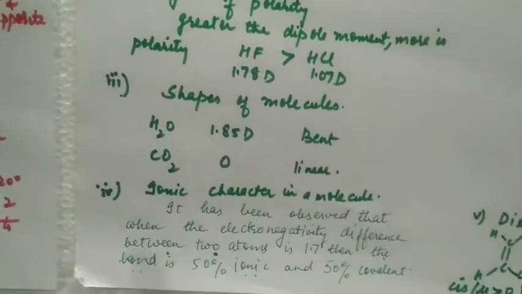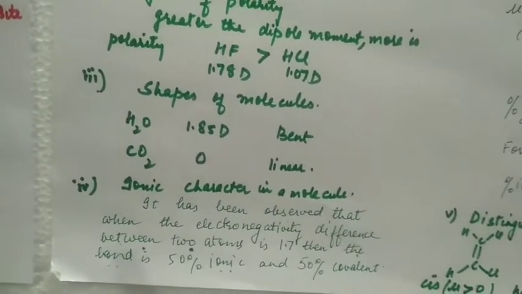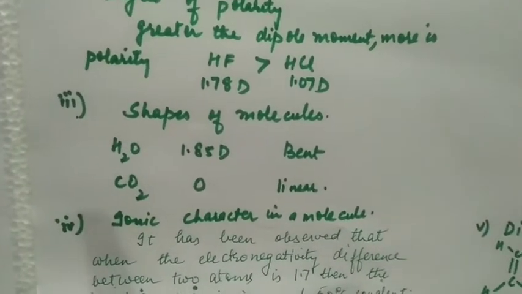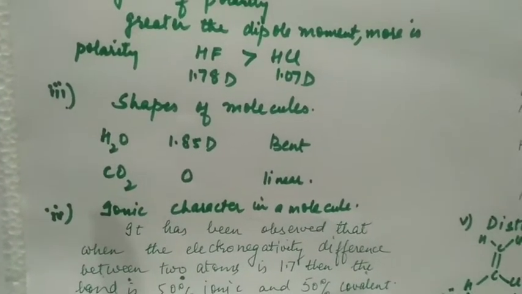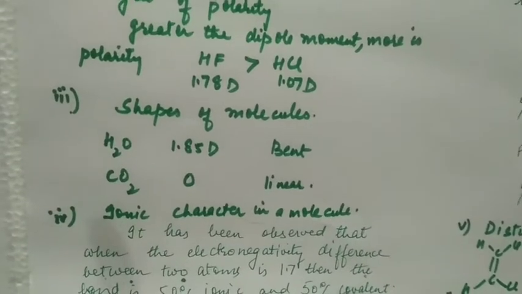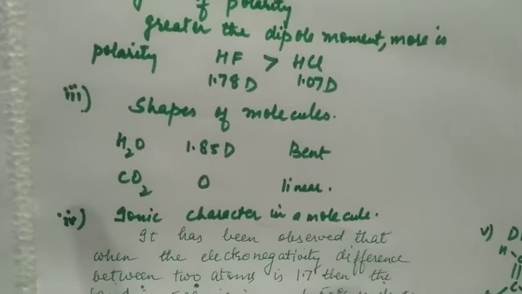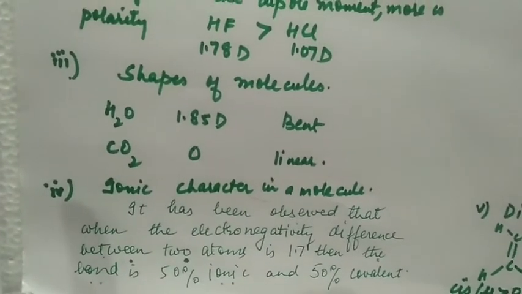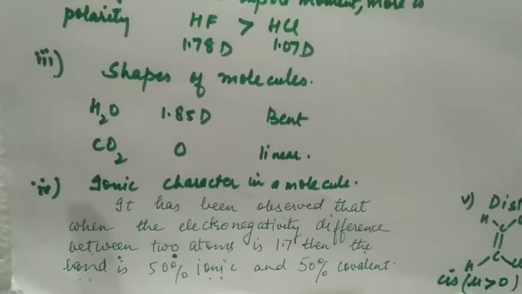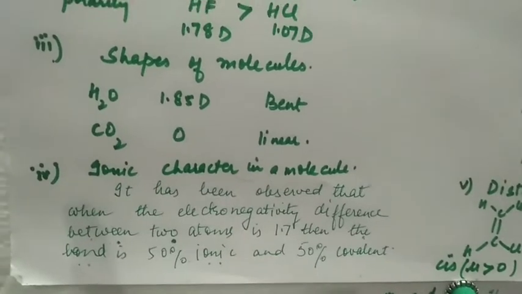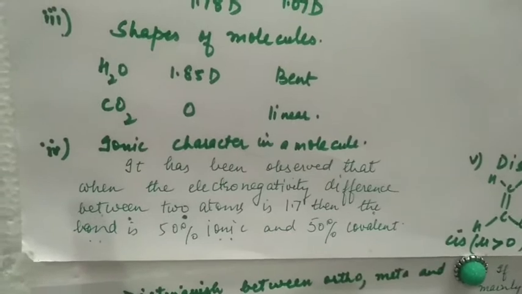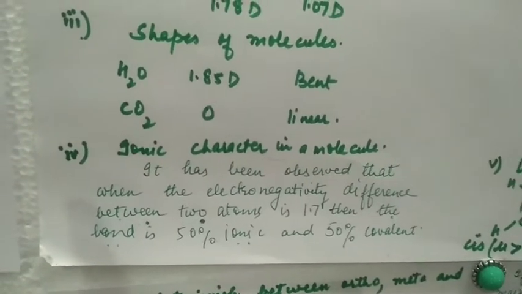Shapes of molecules can be predicted from the value of their dipole moment. Water has the dipole moment 1.85 D, which means it will have bent shape. And carbon dioxide has 0 dipole moment, which means that its dipole moments are cancelling each other out, and so it is linear in nature. Then next importance, we can find out the ionic character in a molecule.